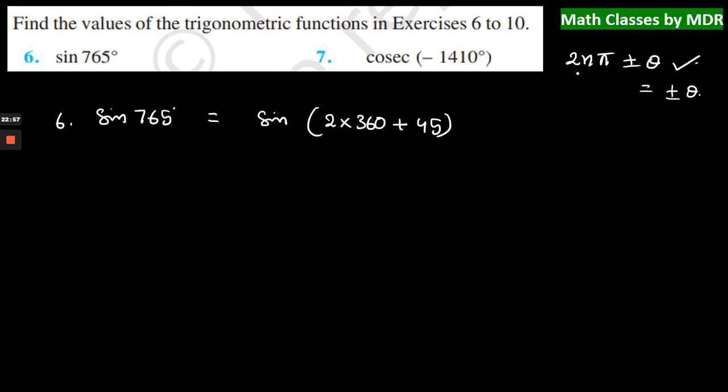As I told you, sin(2nπ ± θ) is sin(±θ), so sin 2π is always in the initial position, and then it is equal to sin 45 and is equal to 1/√2, which is the answer.